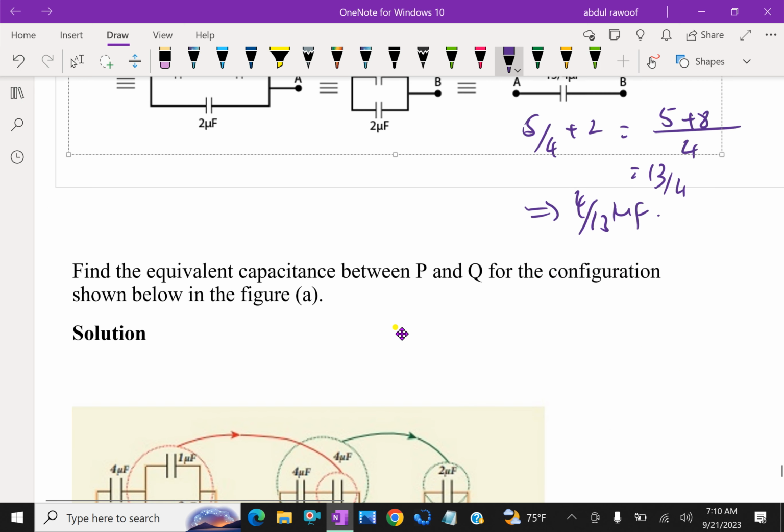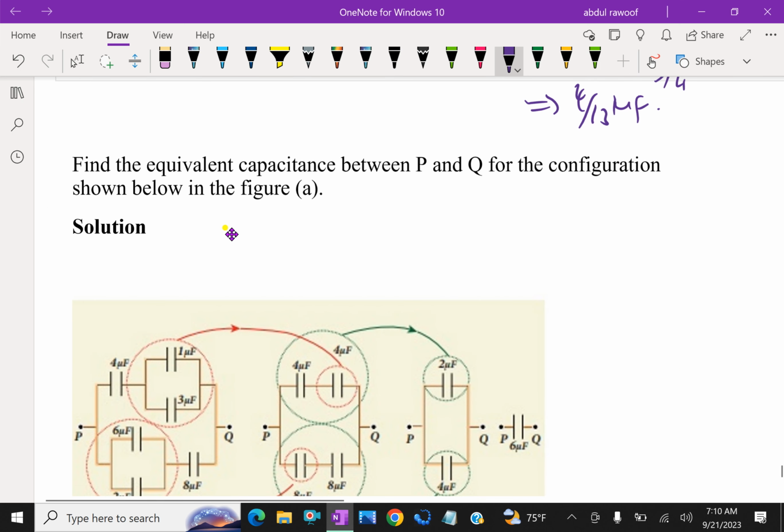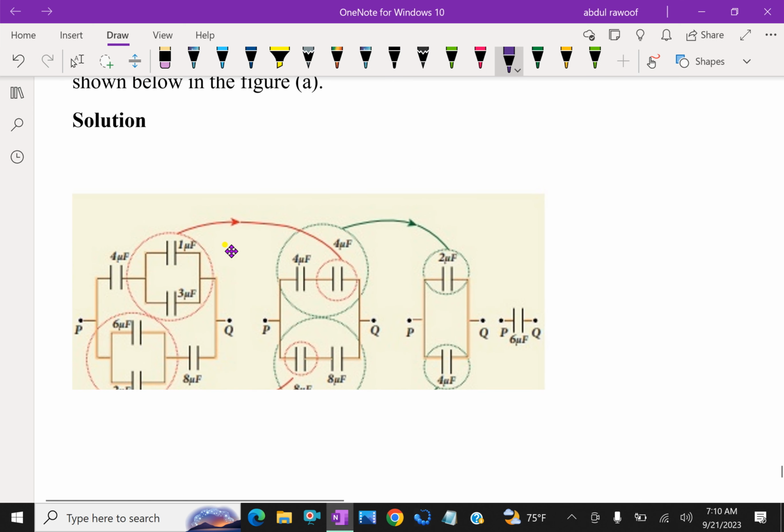Now, next question. Find the equivalent capacitance between P and Q for the configuration shown in the figure. Look at here. The capacitors are connected in series and parallel. These first two are parallel, that is 1 microfarad and 3 microfarad, adding gives 4 microfarad.